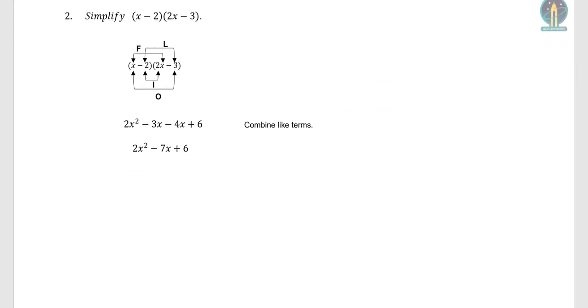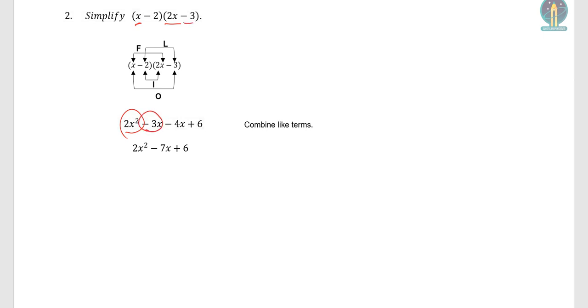Here's another example. Simplify x minus 2 times 2x minus 3, using the FOIL method. So F is the first terms. So x times 2x is 2x squared. And then O is outer terms, so x times minus 3 is minus 3x.